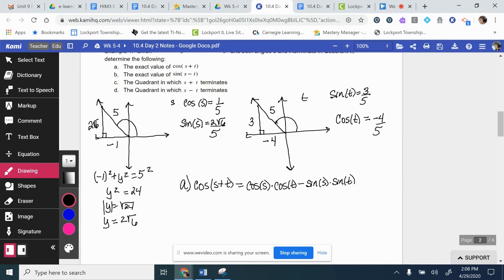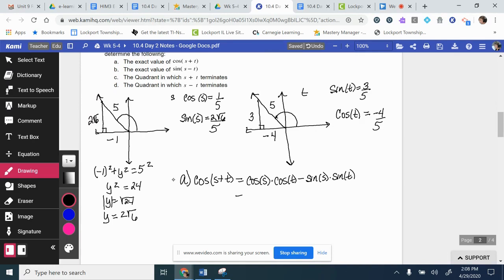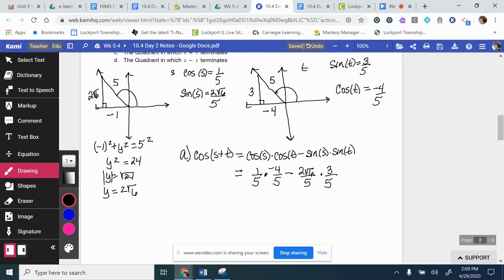And now we're just going to fill in the components. The cosine of s is 1/5. The cosine of t is -4/5. The sine of s is 2 square root 6 over 5. The sine of t is 3/5. And now we'll have a -4.